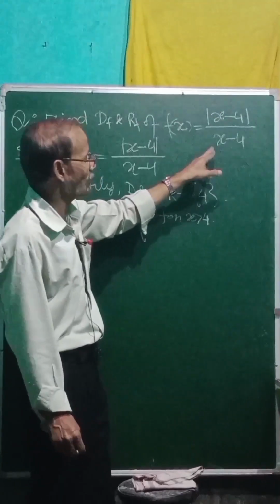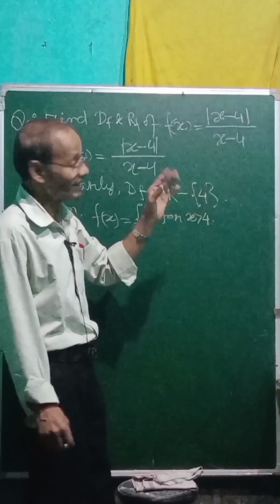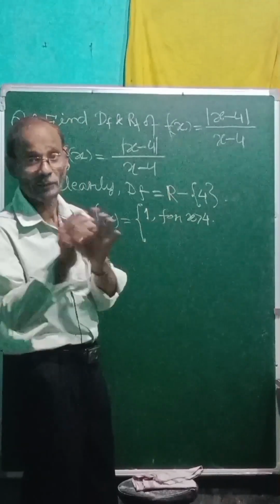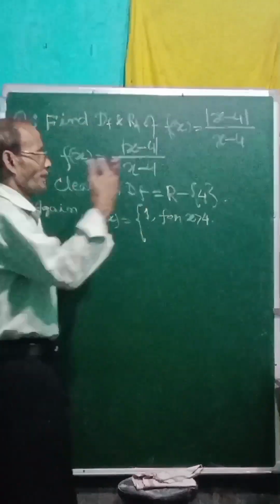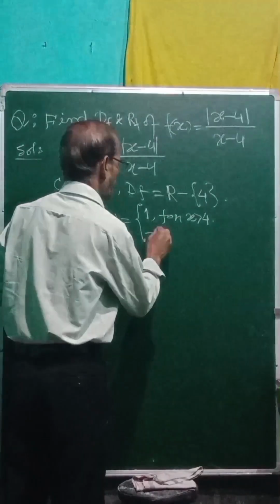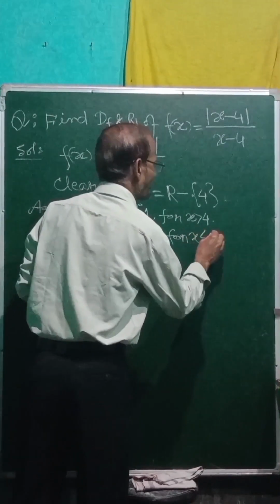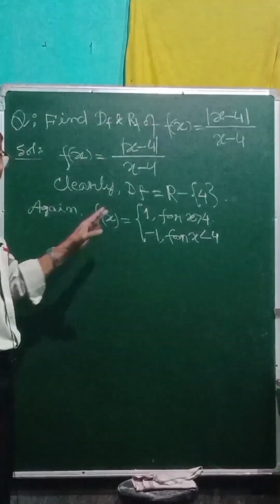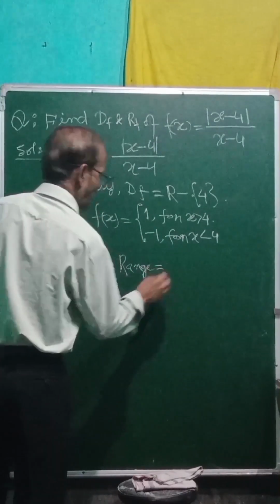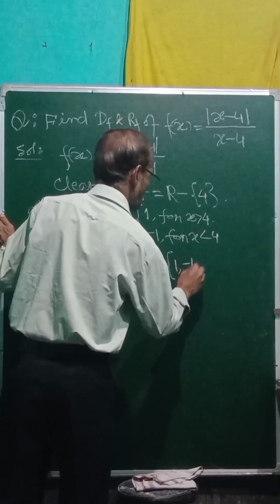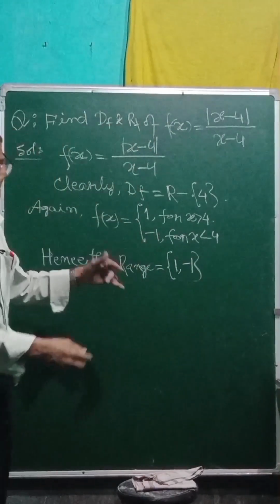Here again 1 minus 4 equals minus 3, so plus 3 by minus 3 equals minus 1. Like that, for all x values less than 4, it will be minus 1. It is very easily observable, hence the range is {1, minus 1}, or {minus 1, 1}.